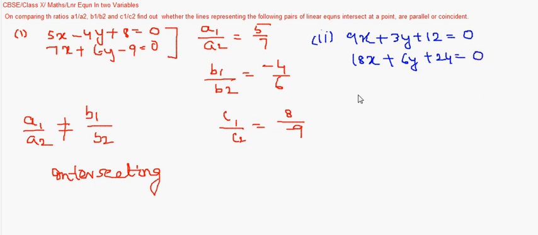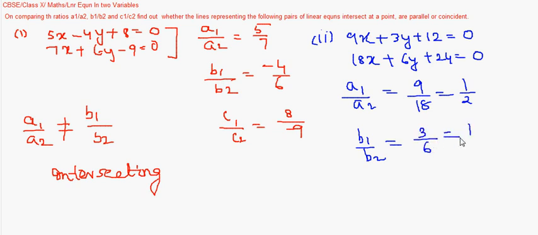Here, again a1 by a2 we are calculating will be 9 upon 18, that is 1 upon 2. b1 by b2 is 3 upon 6, that's again 1 upon 2, and c1 by c2 is 12 upon 24, that's again 1 by 2.